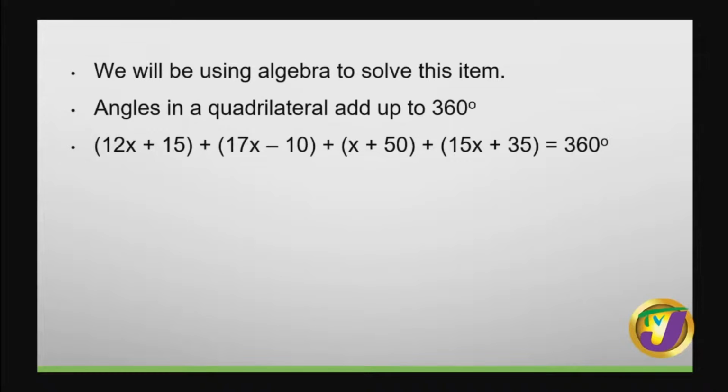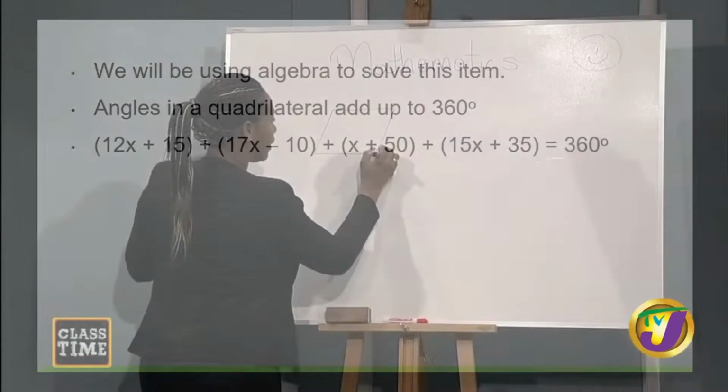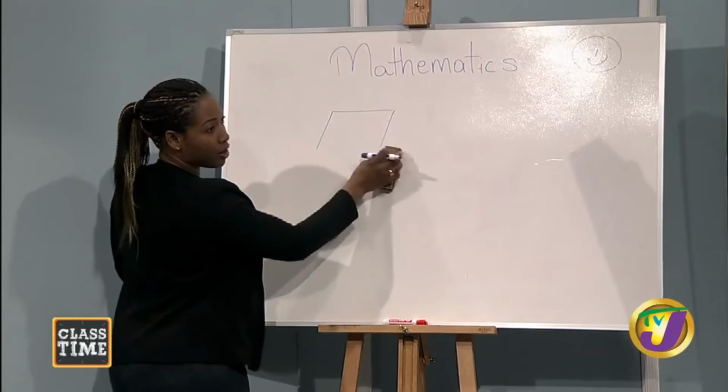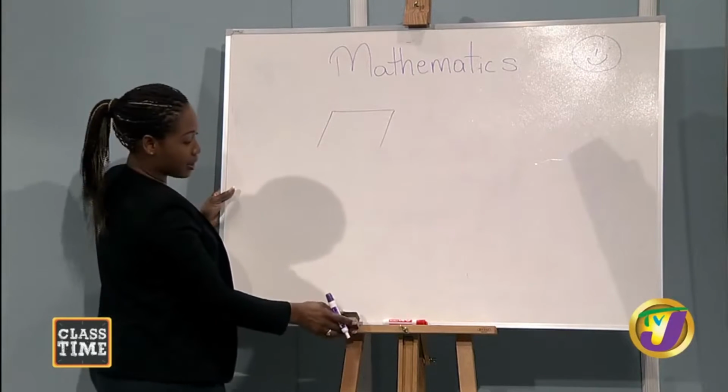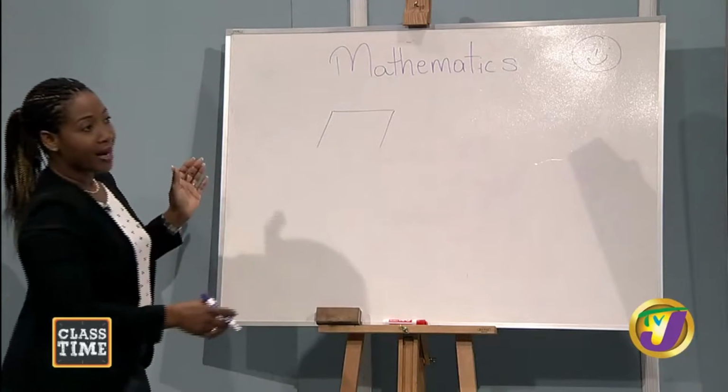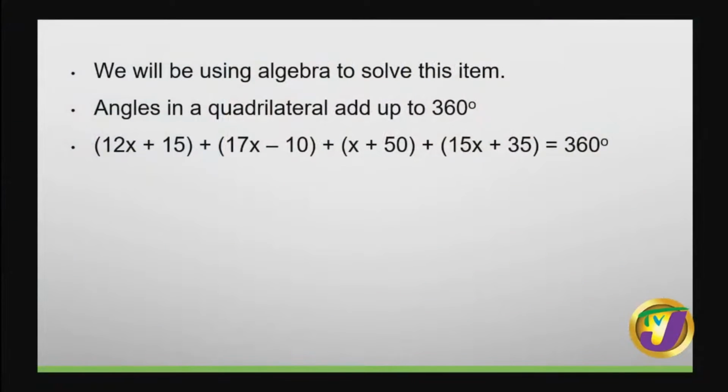Let us look at that on the board before we do the calculation. What is a quadrilateral? A quadrilateral is a four-sided figure, a four-sided polygon. All right? Now, clearly I don't think this is a very good drawing of the quadrilateral we have, because if you look at it, there's no two angles that are alike represented by those algebraic expressions.